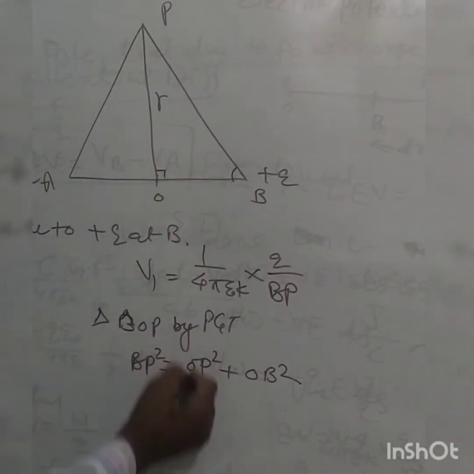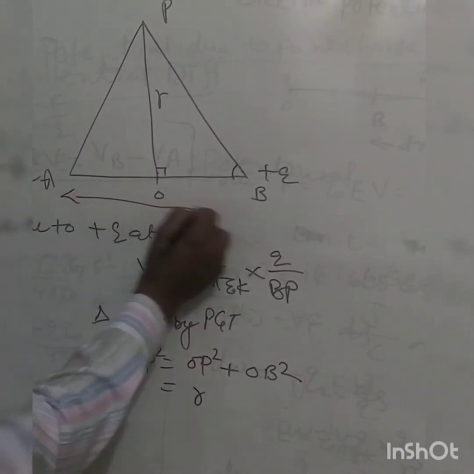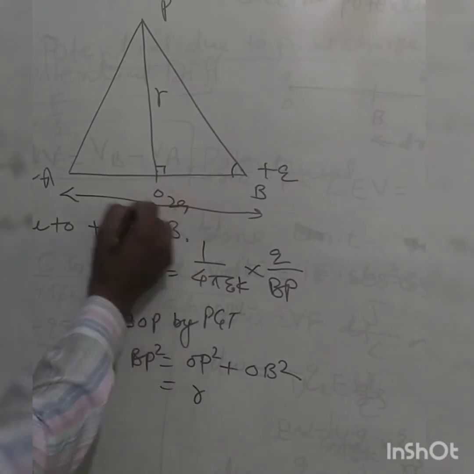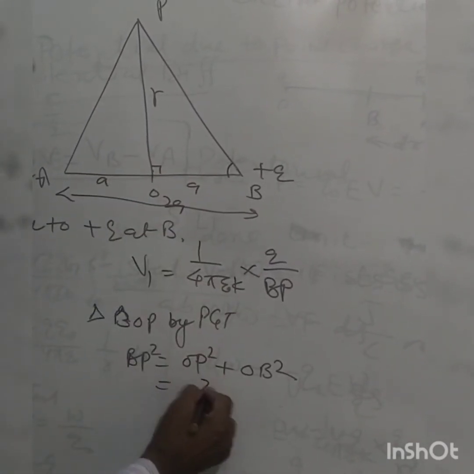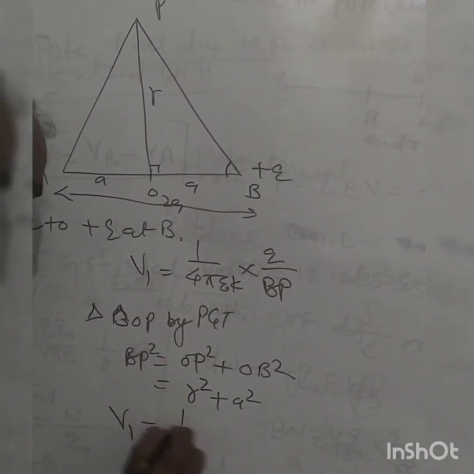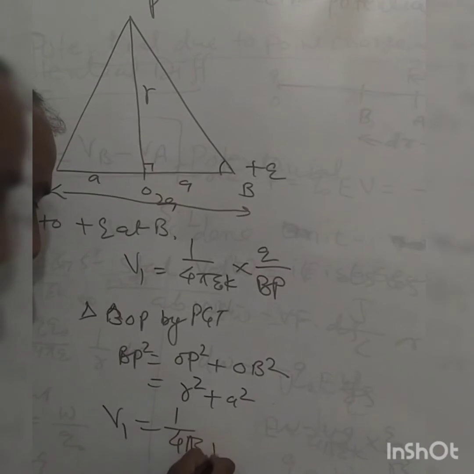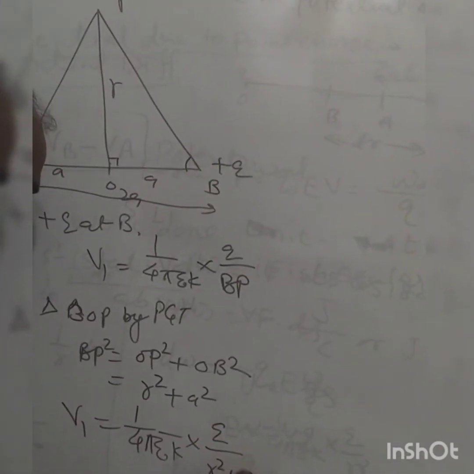OP is R, and OB is A. So BP square is R square plus A square. This I will put in equation 1. So V1 is equal to 1 upon 4 pi epsilon naught, K into charge upon R square plus A square.